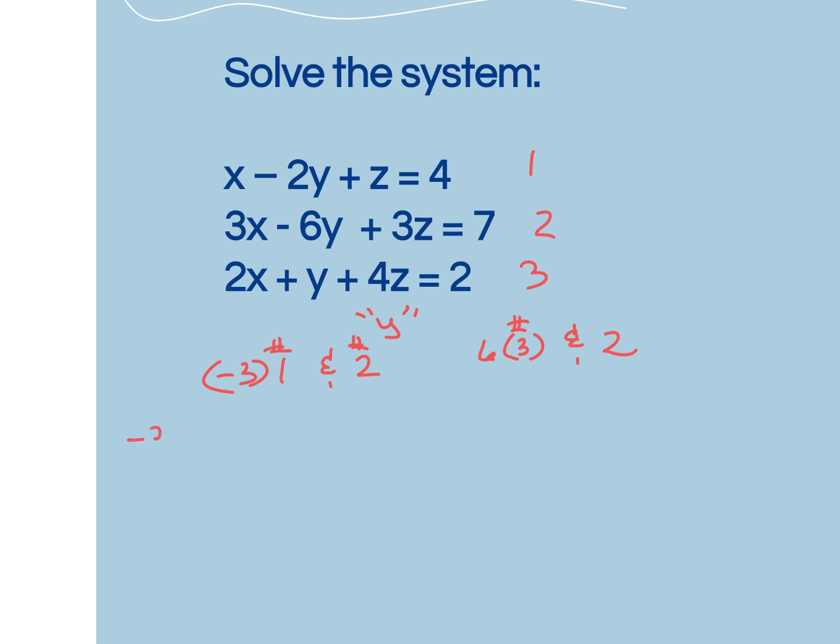So equation number 1, when I multiply it by -3, x minus 2y plus z equals 4. Distribute the -3.